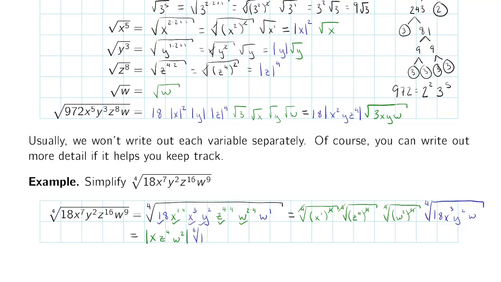Fourth root, 18 x to the third, y squared, w. And that's my whole simplified expression. So instead of separating each variable factor out and simplifying its root separately, I just worked all of them in line. Perfect fourth powers get split off. Everything else gets lumped together.